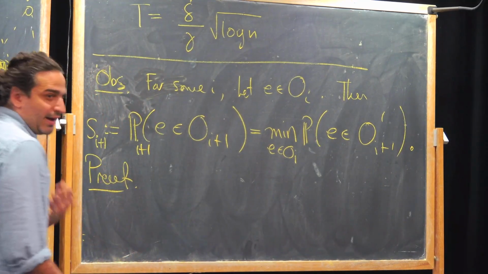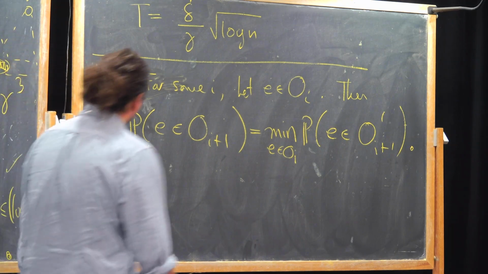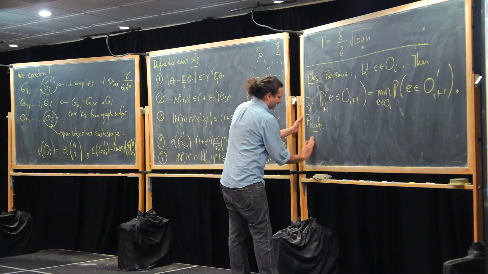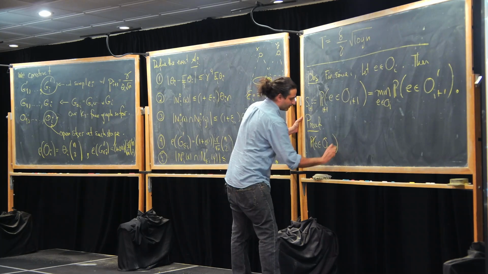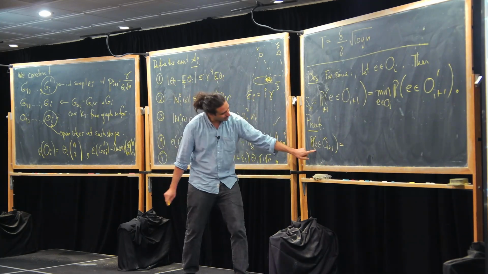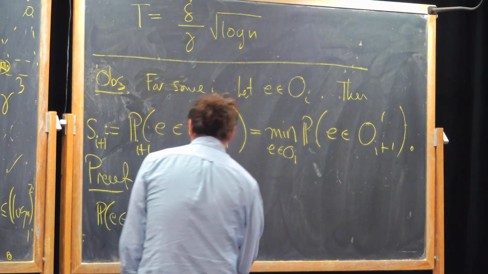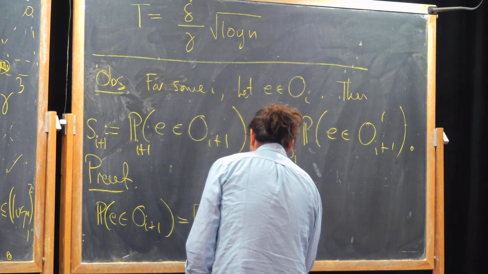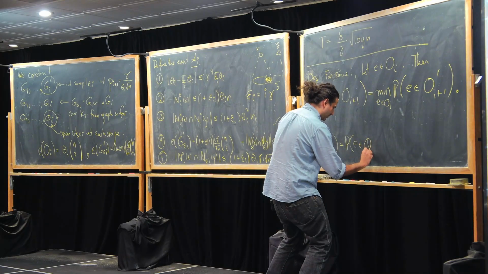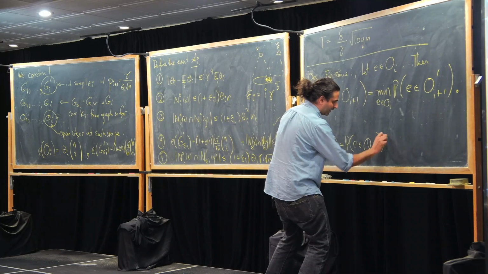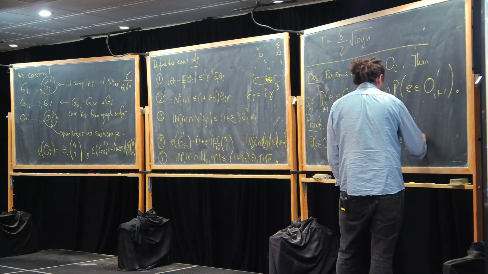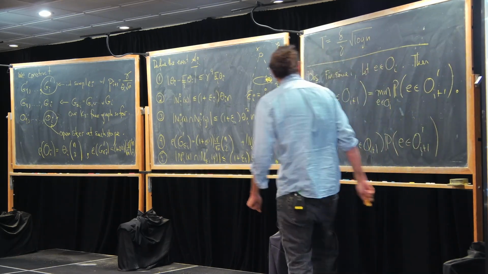OK, so the proof is really by this refinement step in the process. So let's just write it down. The condition for surviving into O_{i+1} is the probability that you survived in this percolation step, this is in this Q_{i+1}, and independently, you had to survive into this round.